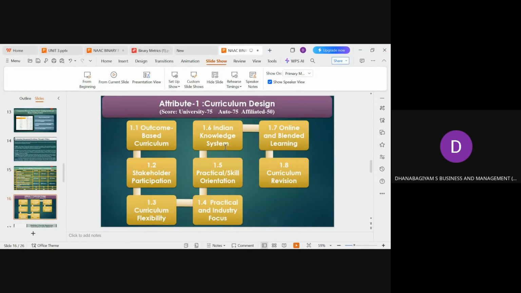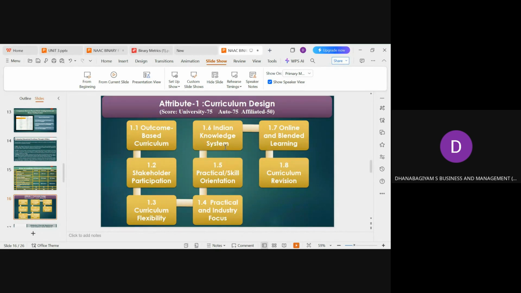So when you talk about this curriculum design, as I said earlier, attributes 1, 2, 3, 4 come under the input process. When you look into the input process, here we are going to talk about the syllabus.